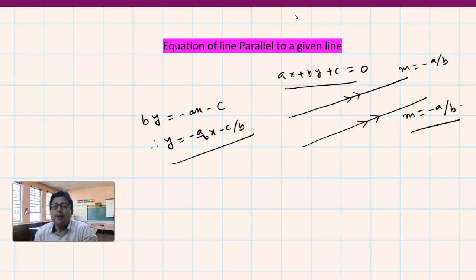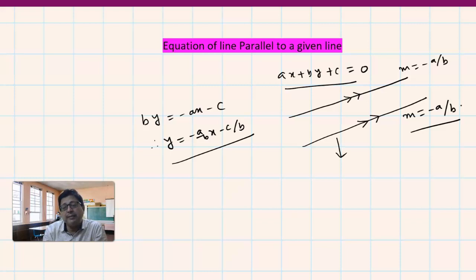A parallel line has the same slope, minus a by b. Okay. But which part will differ for a parallel line? That part c must differ. Ax and by, if you keep ax and by in that form, there is no problem. But when the line is parallel, when it is not coincident, this term must differ. You can write the general form this manner.